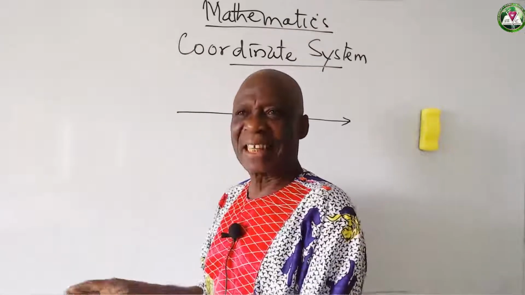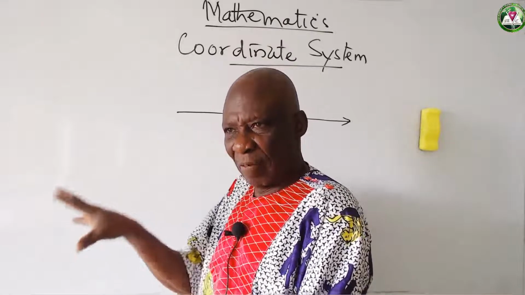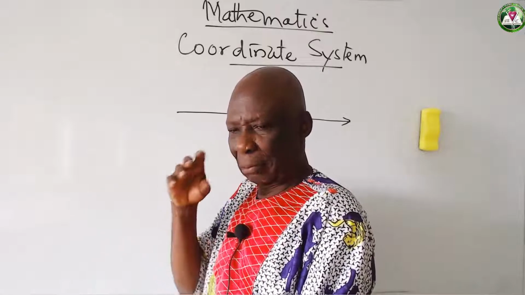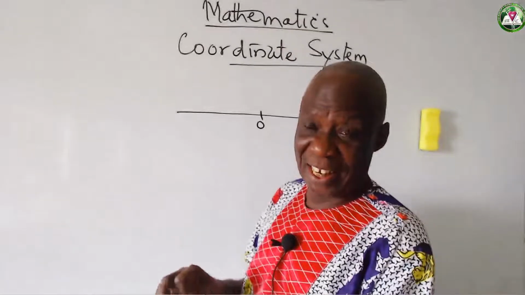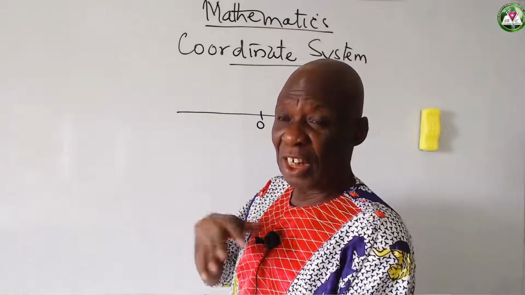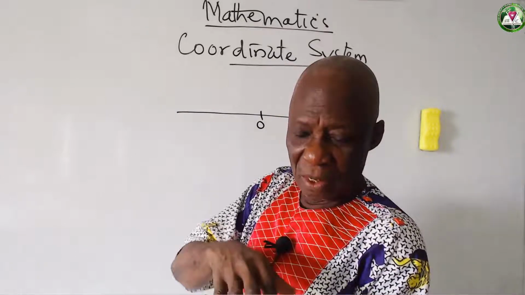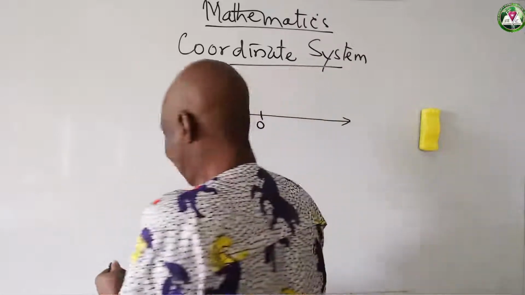That is where we started. And I'm using 0 to show that there's no value there. Sometimes some people say that it means the origin. That shows that's where the whole thing starts.